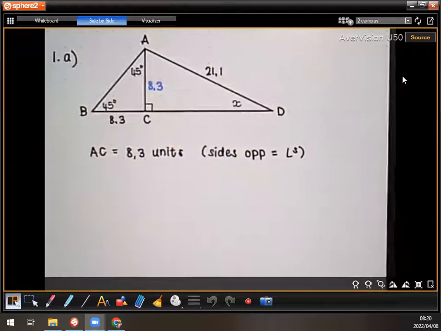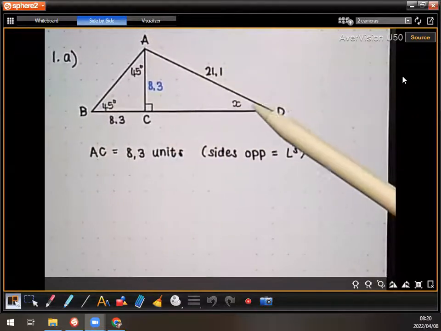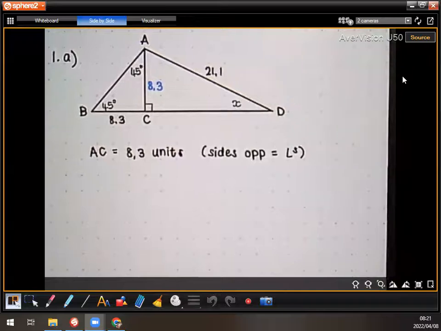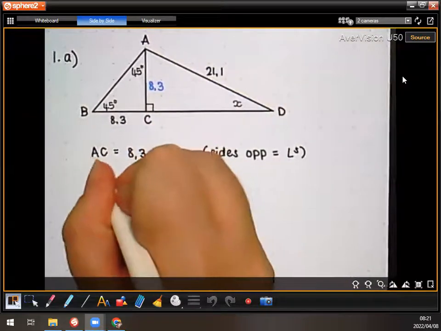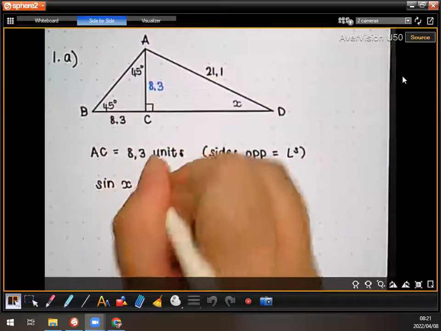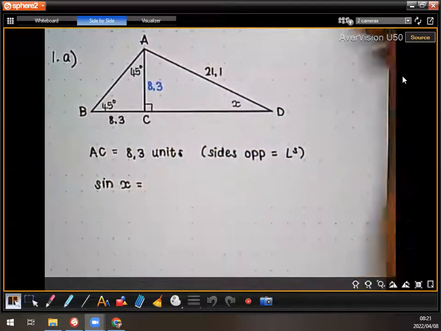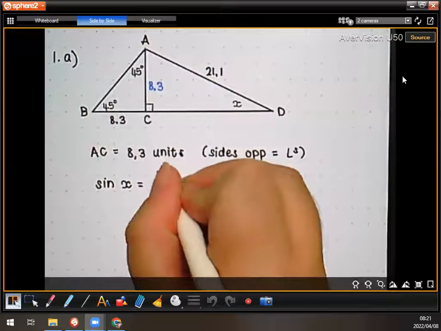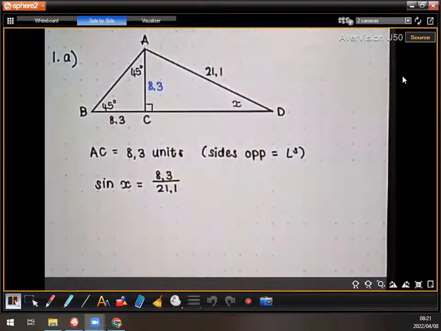Okay, now after that, that's quite simple, right? Because now if we're looking at the triangle on the right, we now have two sides. We're looking for that angle, right? Which sides do we have? Opposite and hypotenuse. What is that? Sine, right? So sine x is equal to 8.3 over 21,1.